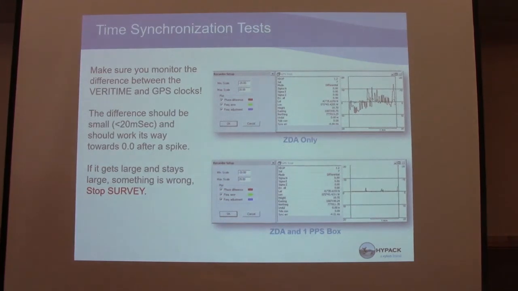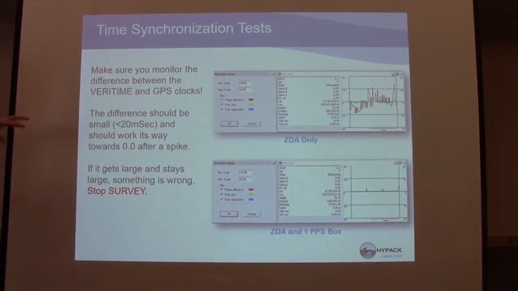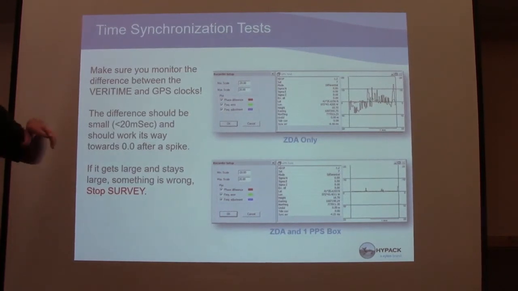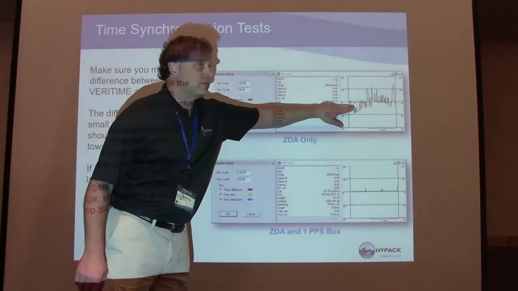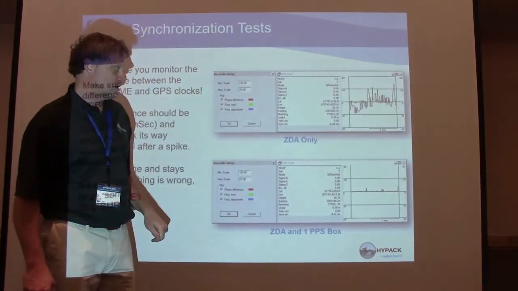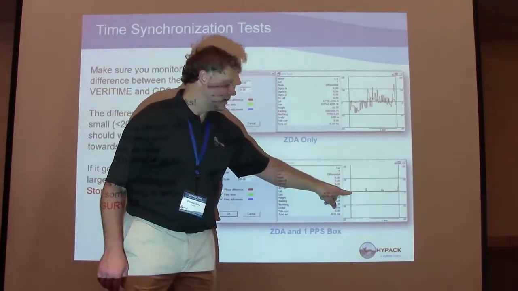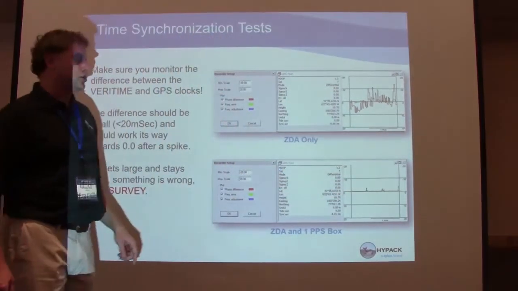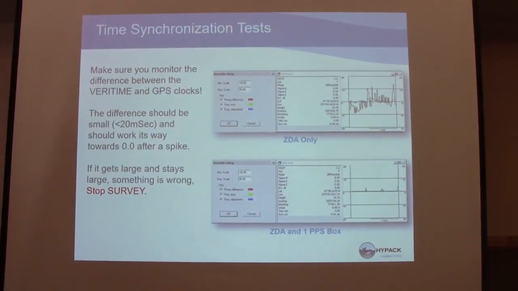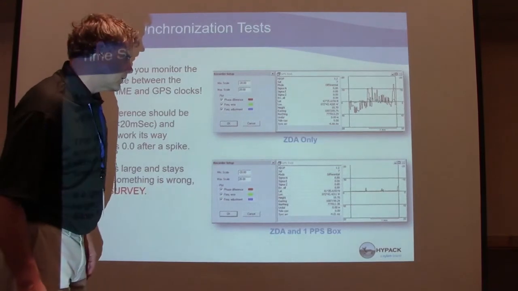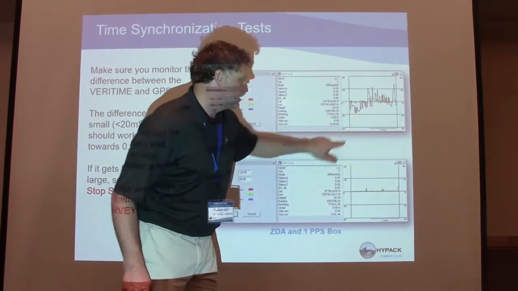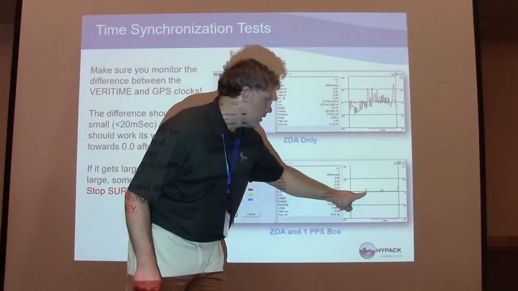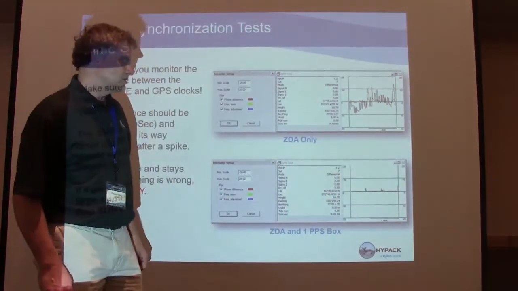In the survey program for the GPS DLL, you can graph the time synchronization. So you can see the ZDA versus the computer clock and how much they're drifting without PPS. But with PPS, the timing should not vary by much. This is not a very good screen capture, because down here is 10 milliseconds, and right about here looks about 5 milliseconds.